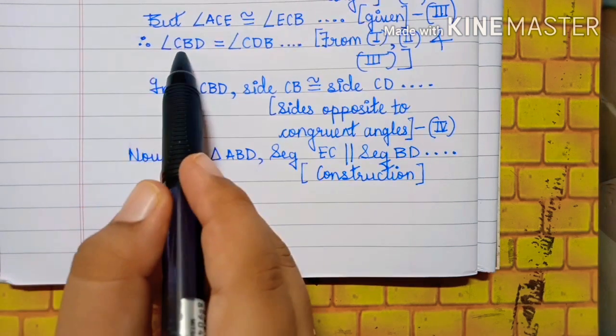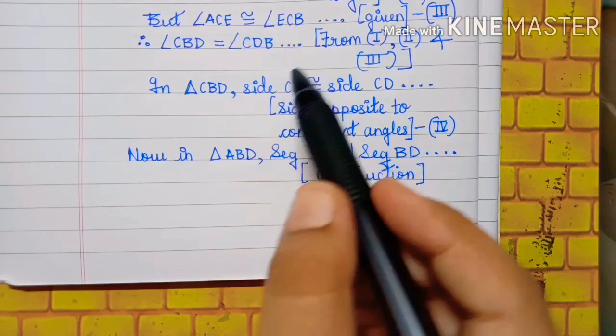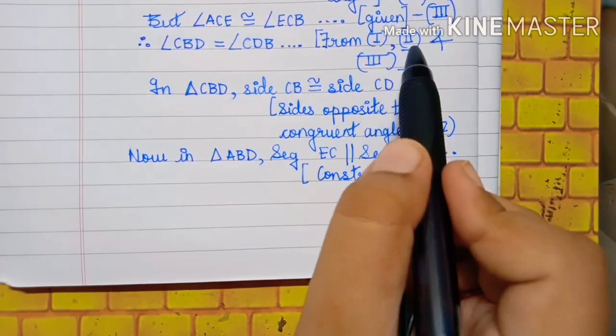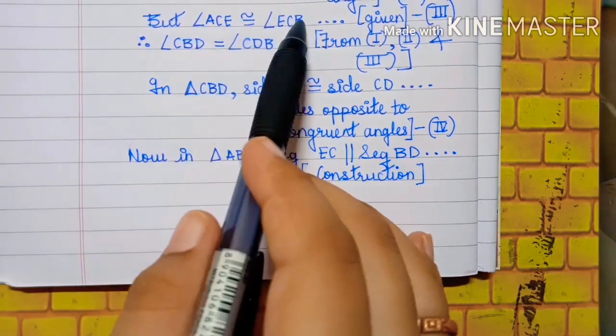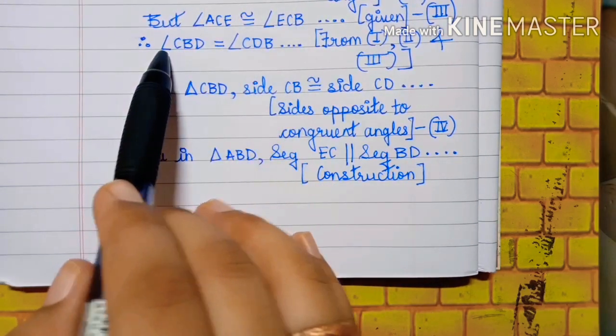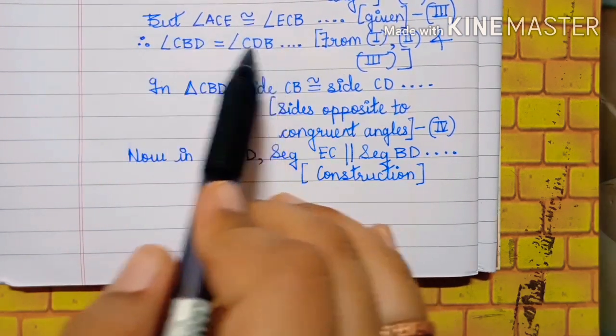Therefore angle CBD is equal to angle CDB from 1, 2 and 3, as the left hand sides of both are congruent, so the right hand sides become equal.